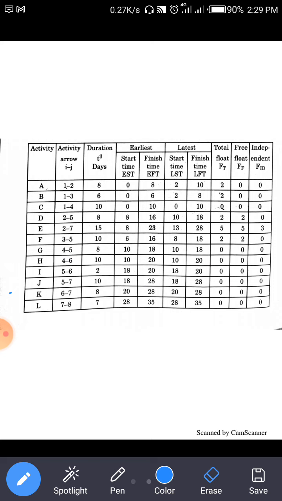Then after that, free float. The equation is the earliest starting time of the following activity minus the earliest finish time of the activity. In other words, it is the difference between the earliest finish time of the present activity and the earliest starting time of the successor activity.